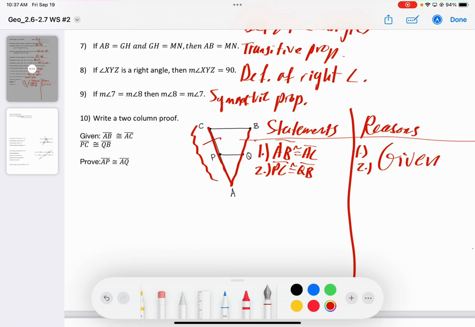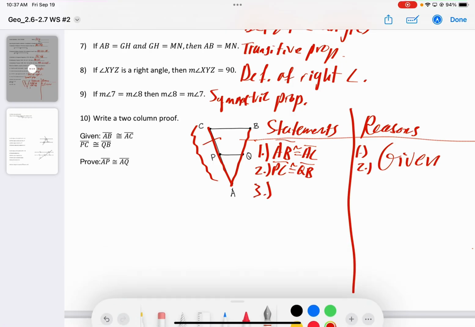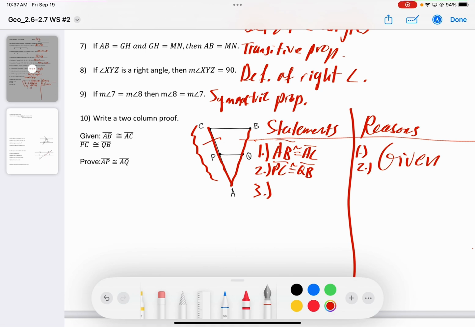So here's what I'm thinking. If I know the two big segments are equal, and I want to show smaller segments are equal, I'm probably going to have to break this up into smaller parts. Would you agree? Okay. So if I do that, that would lead us into using what postulate next?